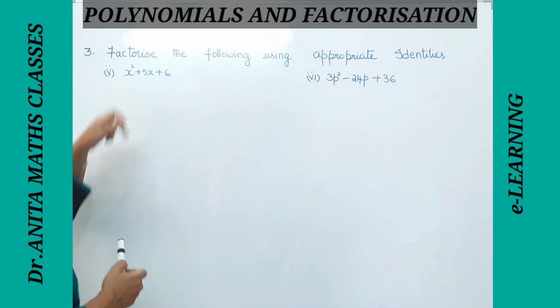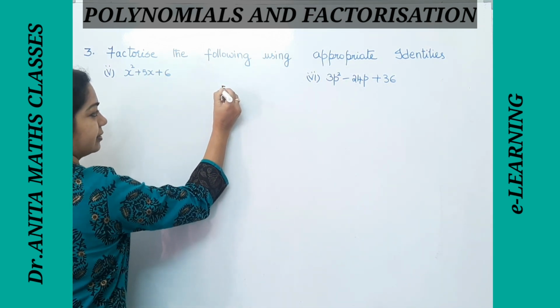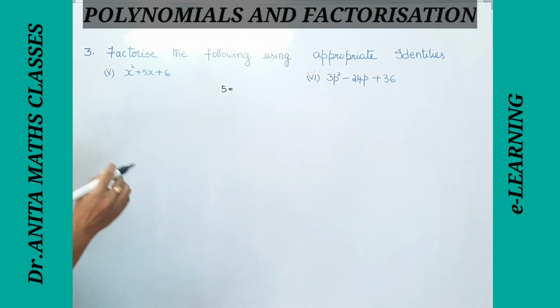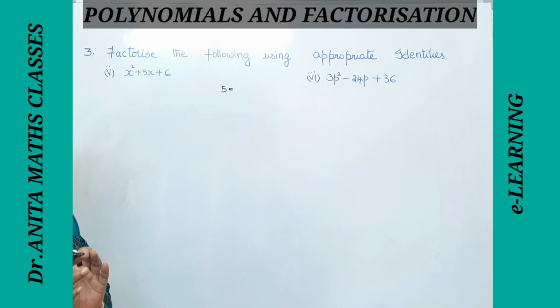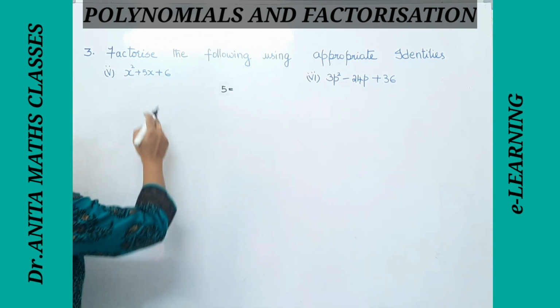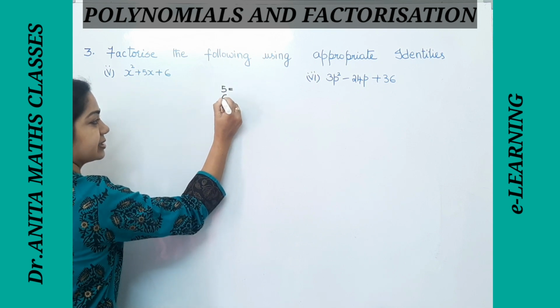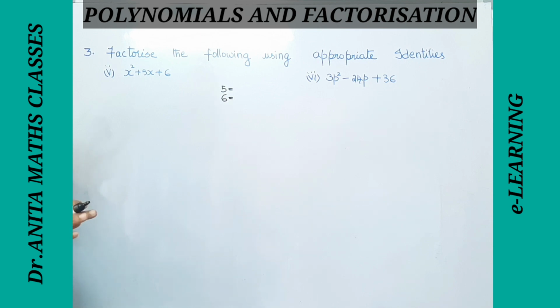Now, if you see here, I can write this 5 in the form of 1 plus 5, 2 plus 3, 0 plus 5. Likewise, I can write. And also if you see 6, the factors of 6 are 1 into 6, 2 into 3, 3 into 2, likewise.